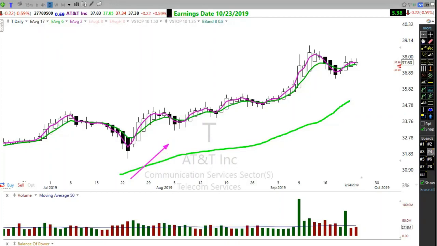It's not the cross that we're looking for. This is not the trade. What we're looking for is that pullback that holds above the 6 and then shows us that entry signal.